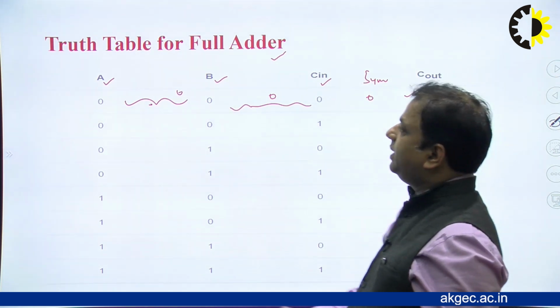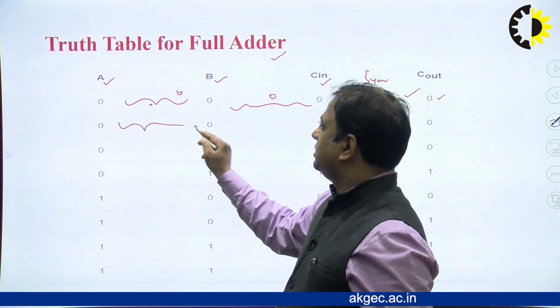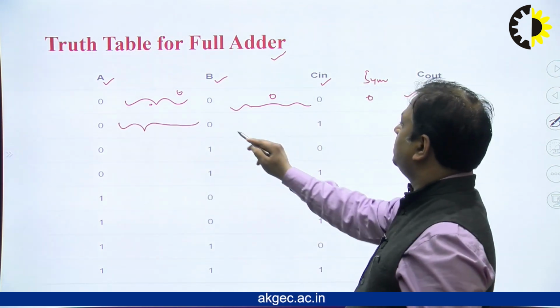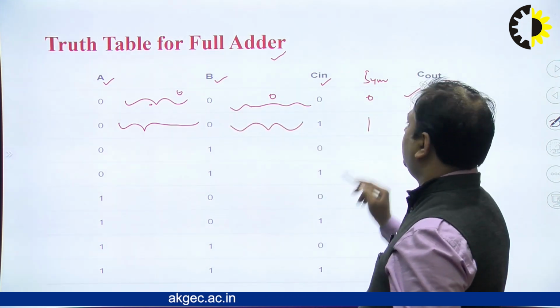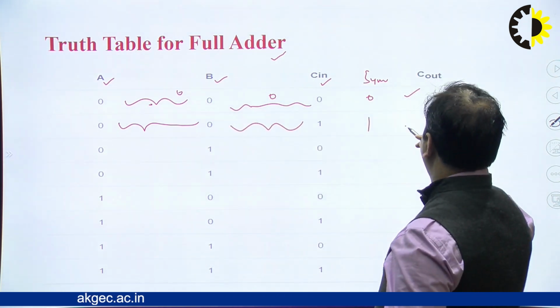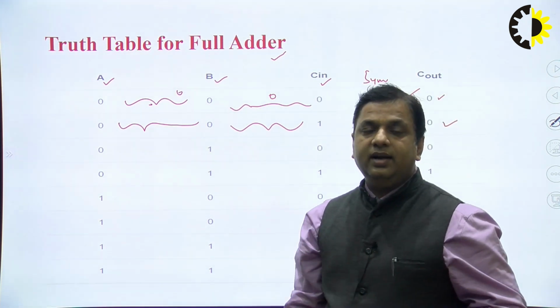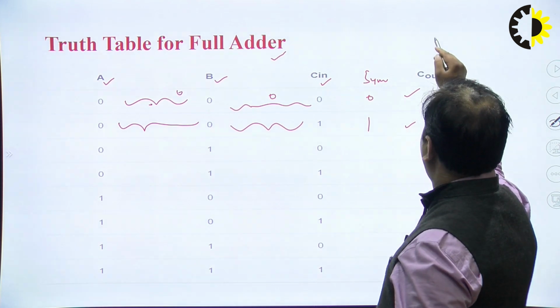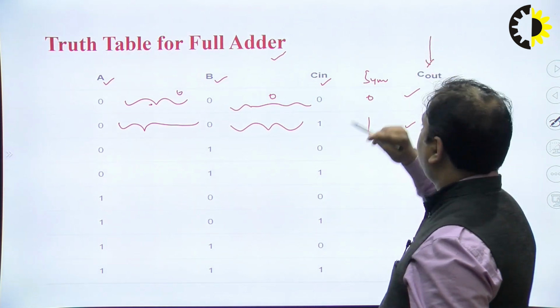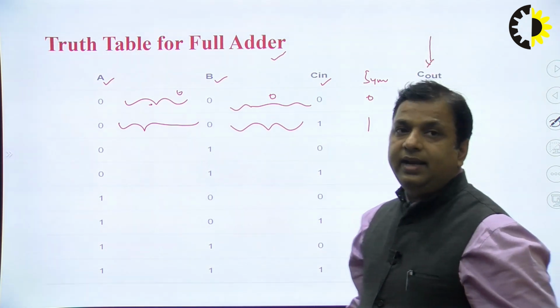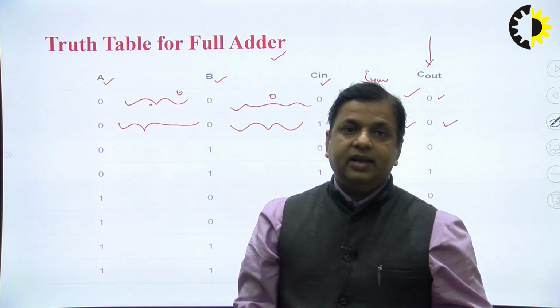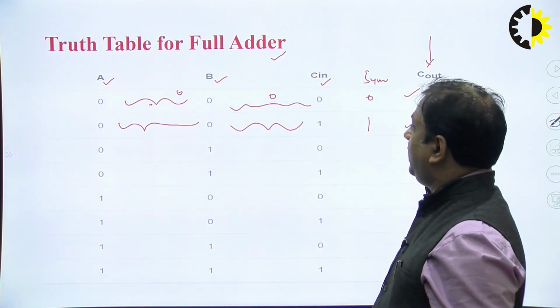Similarly, when we add 0 plus 0 plus 1, sum is 1 and carry is 0. In this series we can complete the truth table with the sum and carry. Today our objective is to understand the meaning of the carry out, that is, what the carry out says if we are adding 3 numbers.